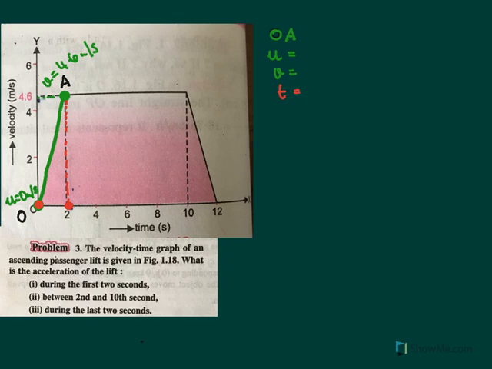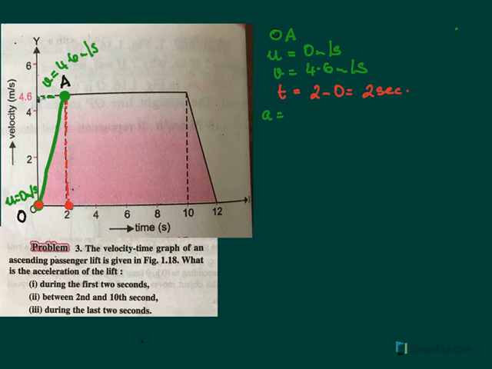So the time here is 2 minus 0, that is 2 seconds. As we have seen, the initial velocity was 0 meter per second and the final is 4.6 meter per second.